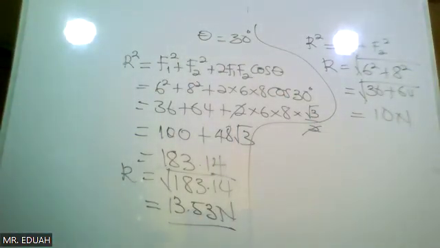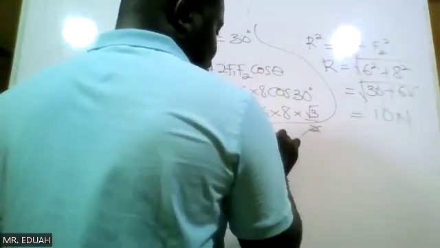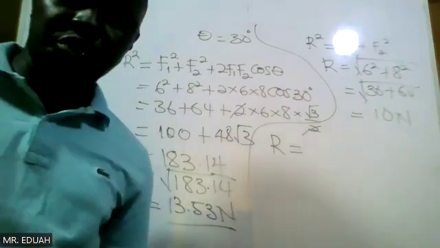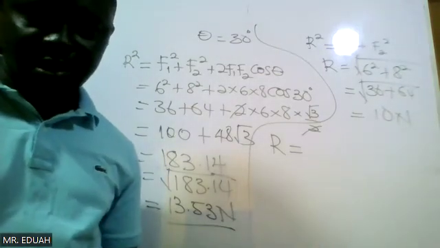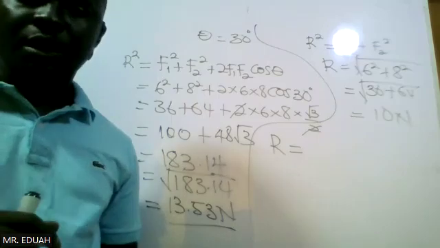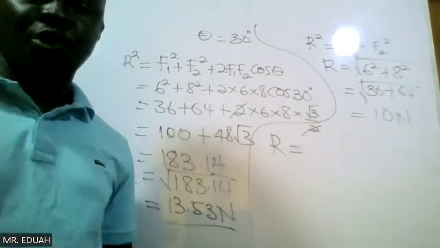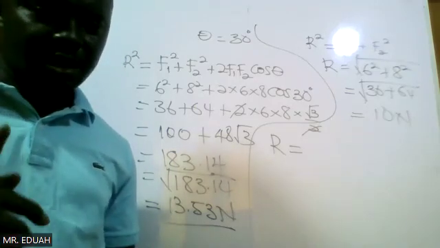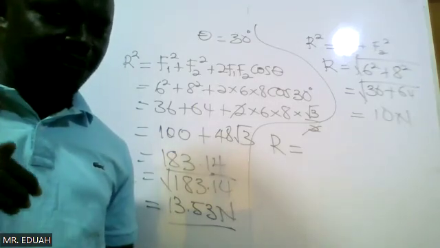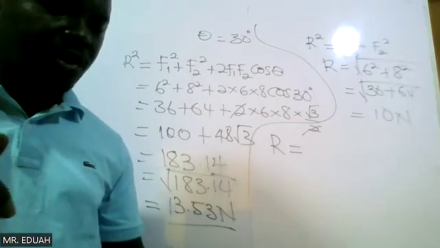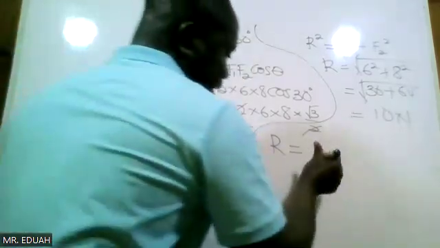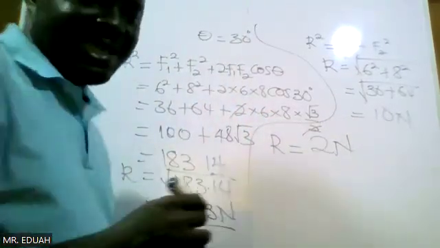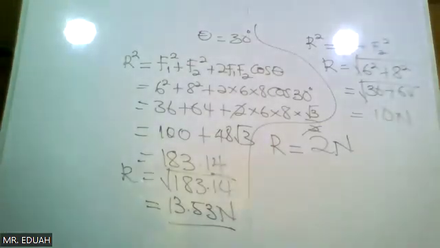Then D. For D, what will be the resultant? Let's hurry up. 2 Newton. Sorry, come again. Look at it again. Okay, you are right. So D is 2 Newton. Then C. What will be the resultant for C?